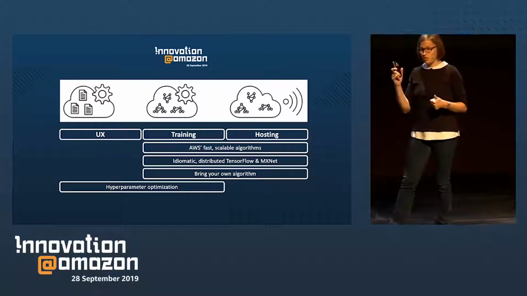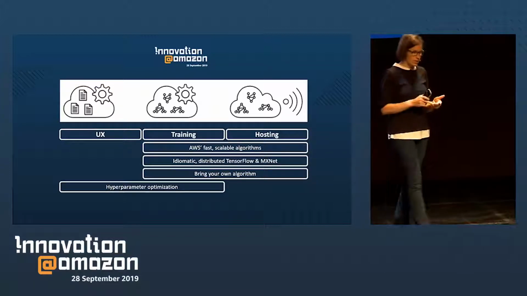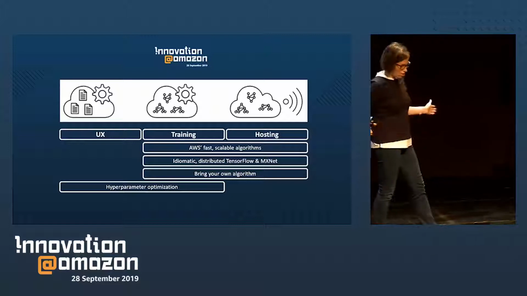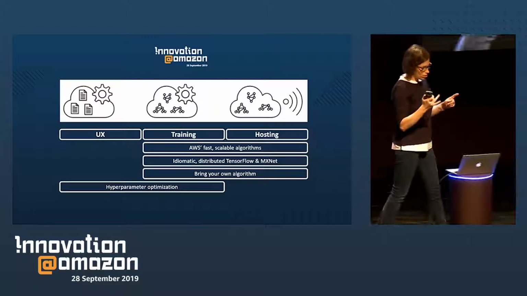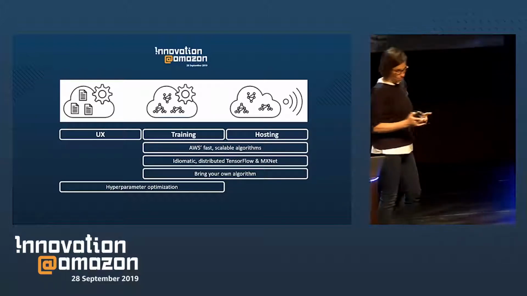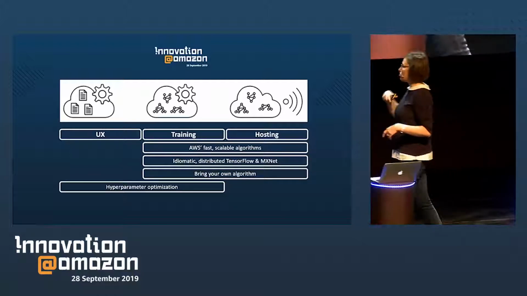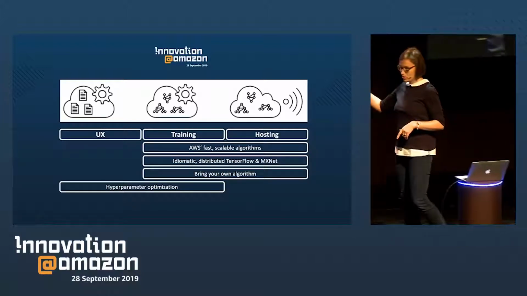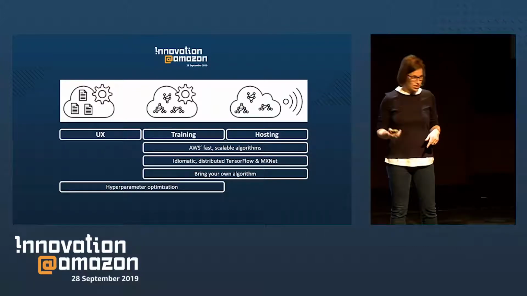So we start with the user interactions. Then we go to the model training, hosting, and whatever goes together with that. So all the algorithms, all the possibilities to train models, and something that's really close to my heart, the hyperparameter optimization. That's the service that my team developed and launched in SageMaker.